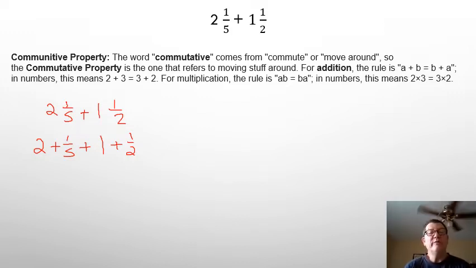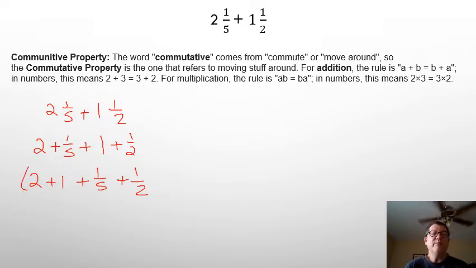But the commutative property says it doesn't matter what order I do these in. So I'm going to put 2 plus 1, put my whole numbers together, plus 1/5 plus 1/2. Okay? Now, I can add my whole numbers here. So I've got 3 plus 1/5 plus 1/2.